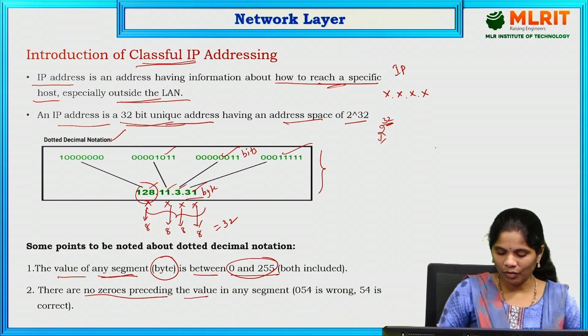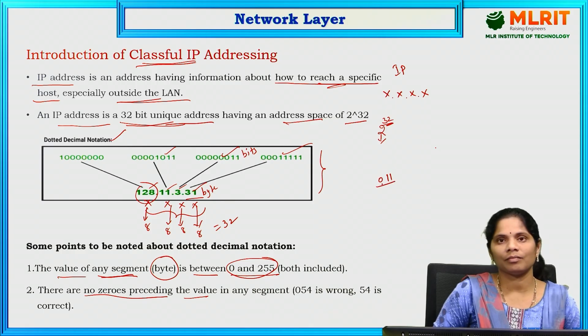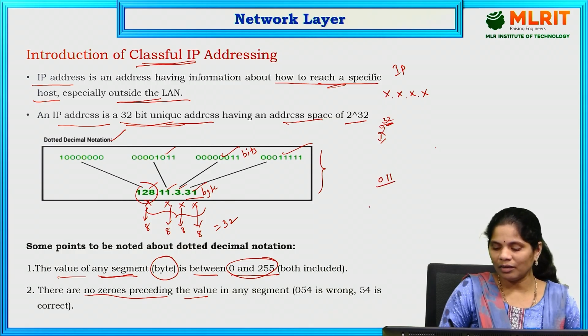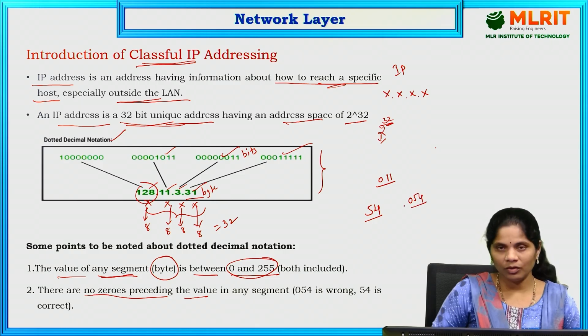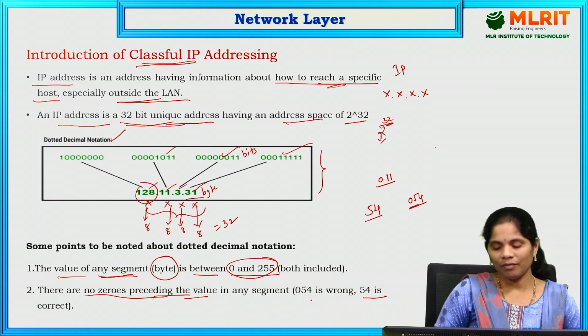If 11 is there, we do not write it with a leading zero; that is the wrong one. If you are writing 54, you have to write 54 only. It will not accept the IP address if we write a preceding 0. 54 is the only correct one. We do not use a 0 preceding the number.